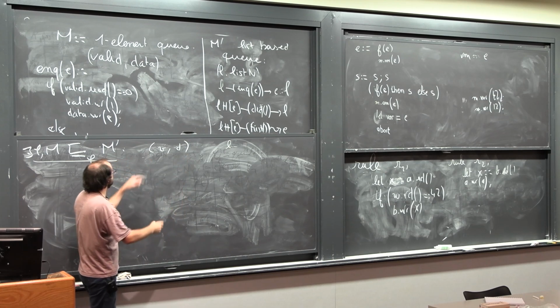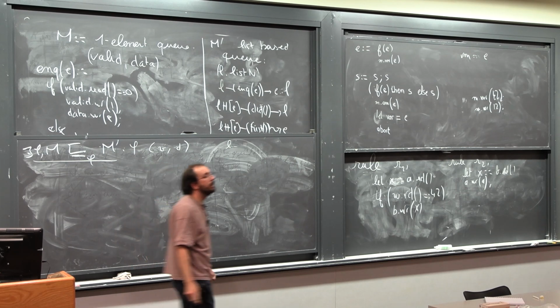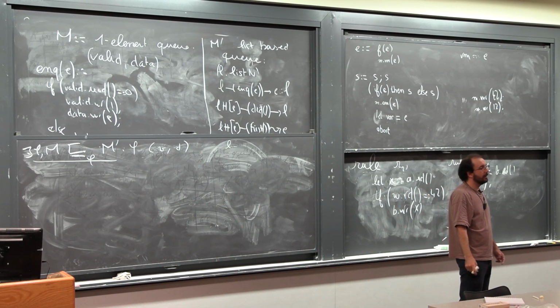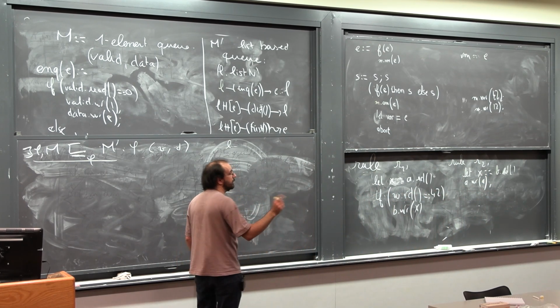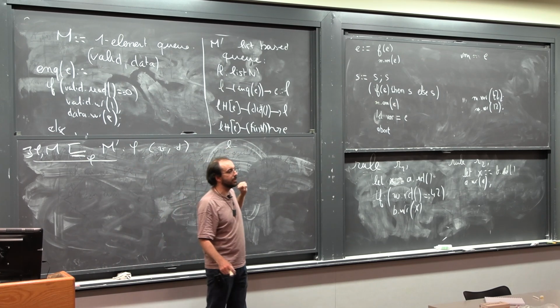And I'm trying to find a relation between them which is witnessing the simulation. It seems to make sense that one element of the relation would be valid is false and data doesn't matter. Okay, so I like that. So what you're saying is, I don't know yet how to describe the full relation, but I can tell you at least one point in that relation.